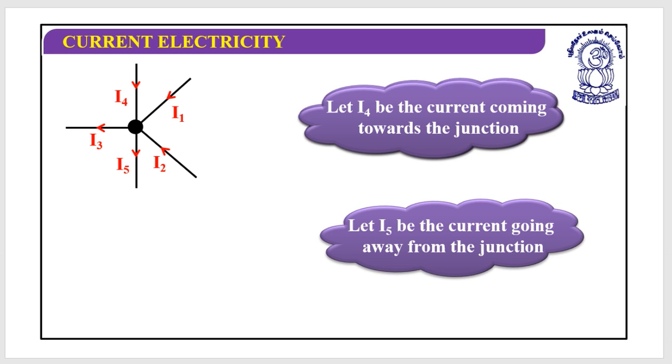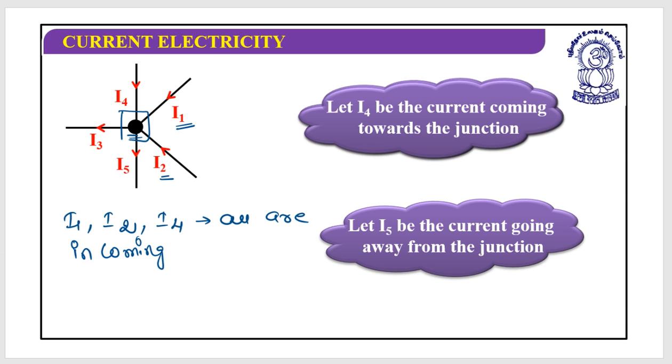Now let's look at this situation. This is the junction. Now look at these currents. I1, I2 and I4 are incoming currents. When we say incoming current, it means these currents are moving towards the junction.